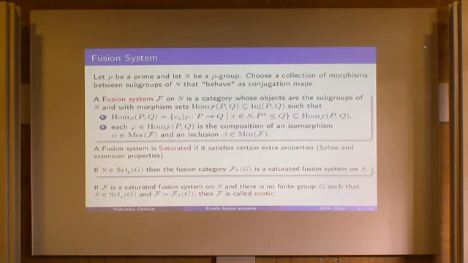When this happens, we say that the saturated fusion system is exotic. So again, exotic means something works fine, it really looks like an action of a group by conjugation, but there is no finite group G realizing it.